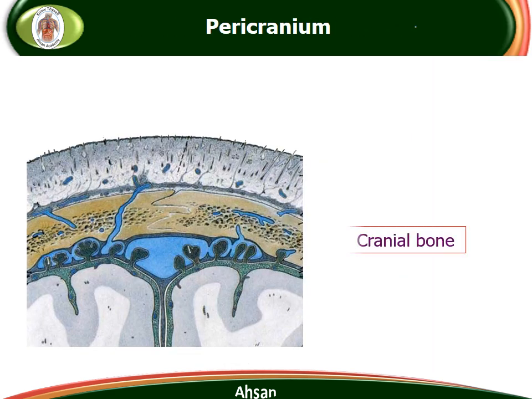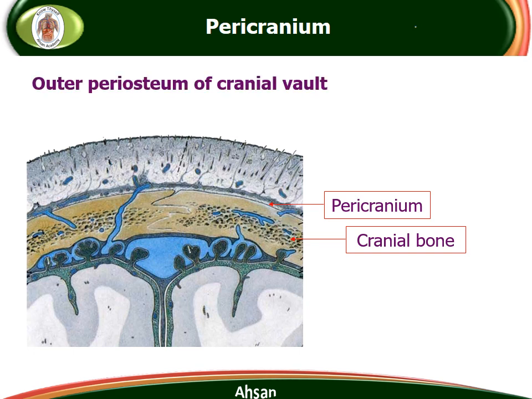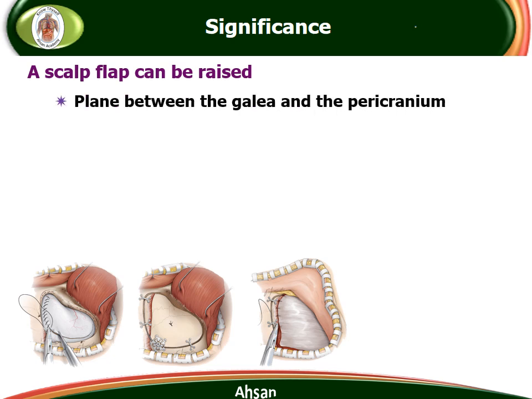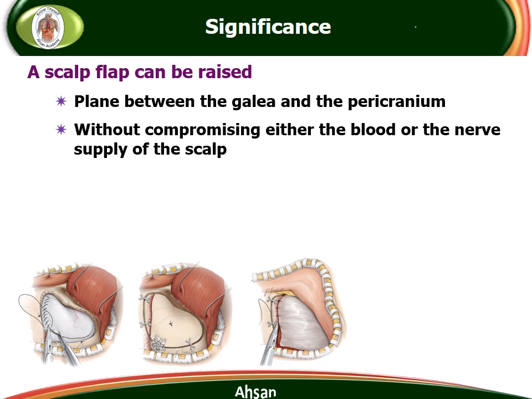Just superficial to the cranial bone is the periosteum. This periosteum of the outer part of the cranial bone is known as pericranium, and this is the deepest layer of the scalp. This is tightly adherent to the bone. So you see the aponeurosis and the periosteum of the skull are very tough sheets, and in between there is a loose connective tissue layer.